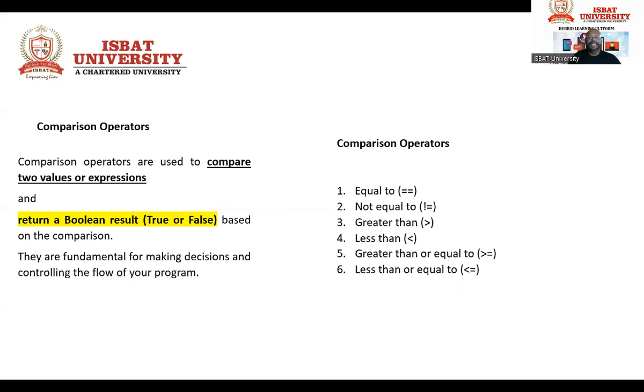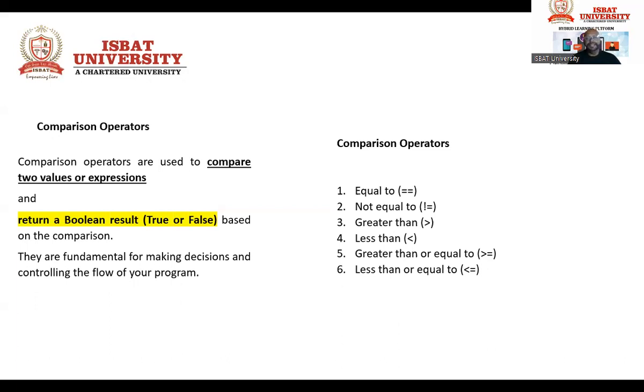If you look at equal to, there are 2 symbols in that one, 2 equals. And if you look at not equal to, you can see 2 symbols. And greater than or equal to comes with a greater than sign and an equal sign. Less than or equal to comes with a less than sign and an equal sign.